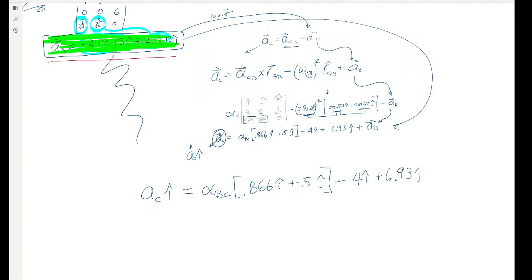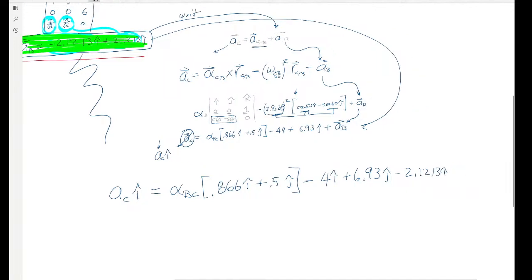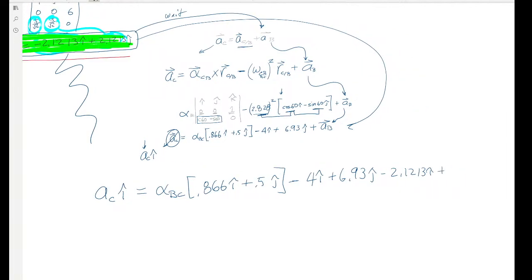But if I do, it's going to be a minus 2.1213i plus 2.1213j. So I've got everything.